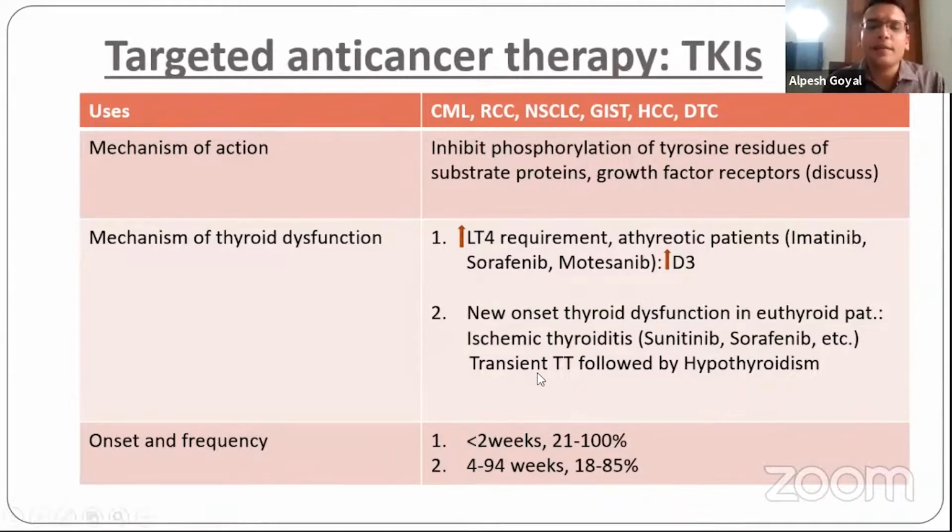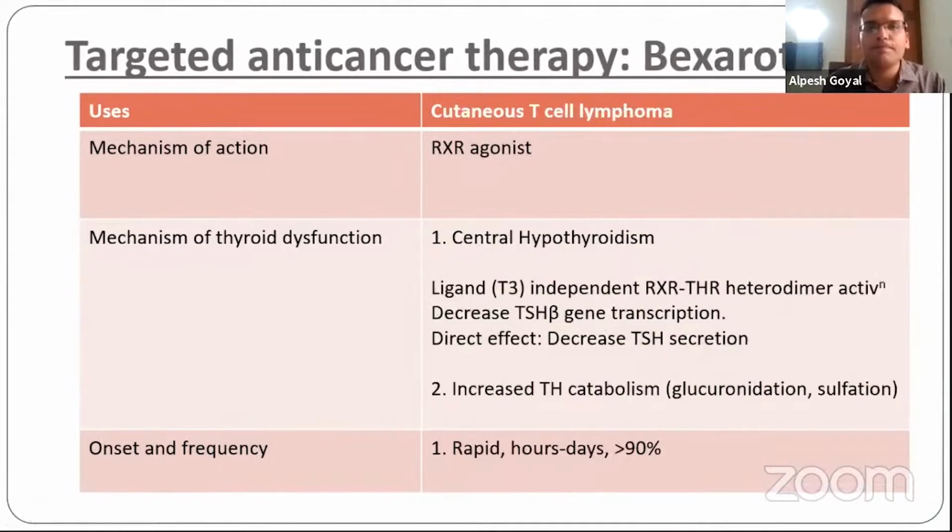As with any other thyroiditis, you can get a phase of transient thyrotoxicosis followed by hypothyroidism. The first one has a quite rapid onset, within the first 2 weeks, and has been reported in 20 to 100% of patients. For the second one, the frequency varies between 18 to 85%, and onset varies between 4 to 94 weeks, so it's quite variable in onset.